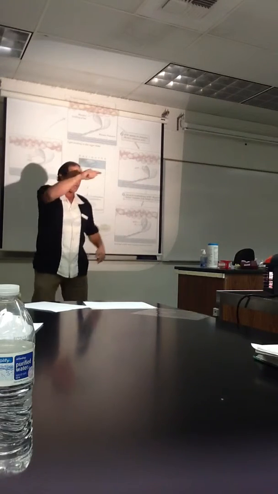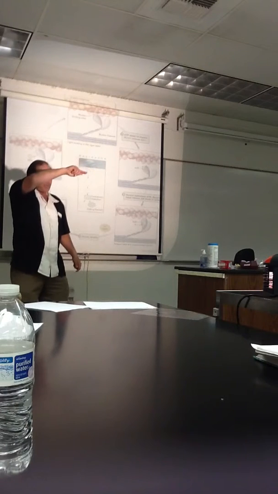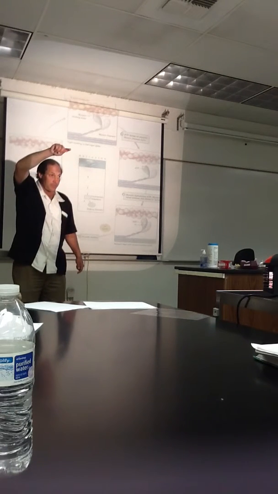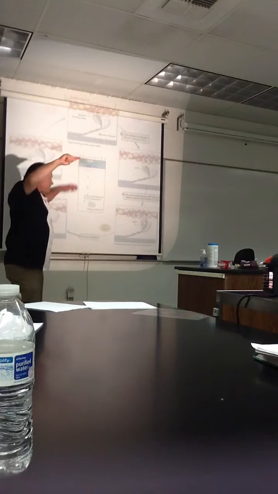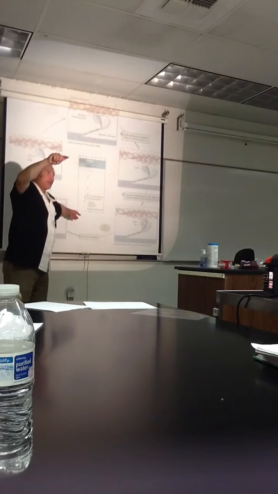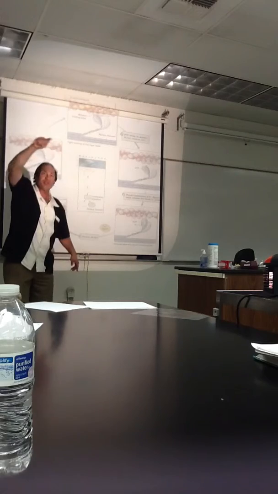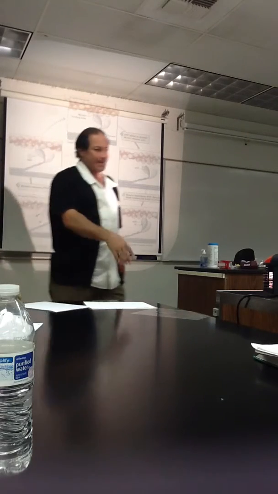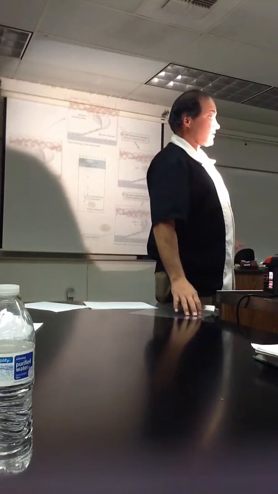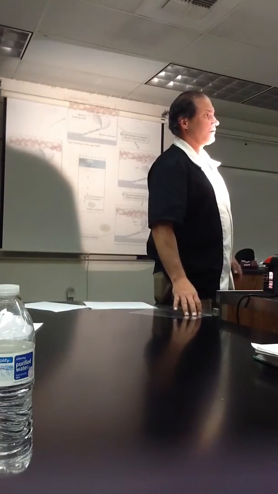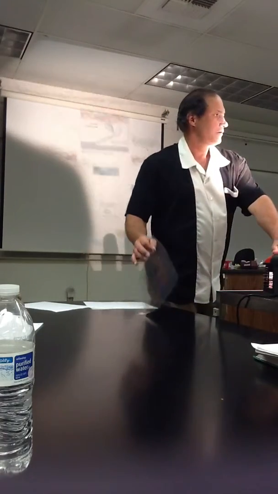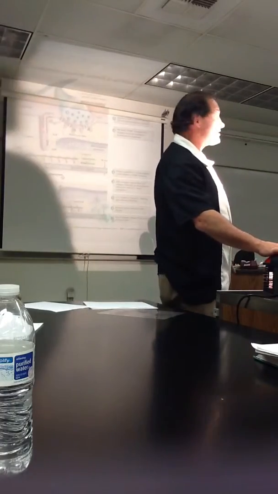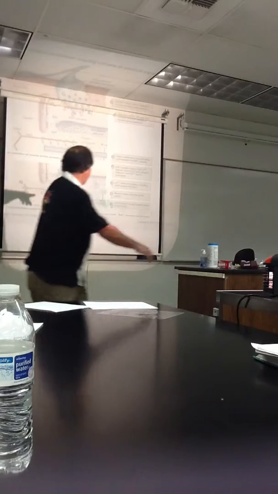And that's where you get the twitch, right? As calcium levels increase, the tension increases, until what happens to cause the tension to decrease? Okay, no more calcium. How do you have no more calcium? This is not on these diagrams. I wish it was. Calcium gets pumped back in here.